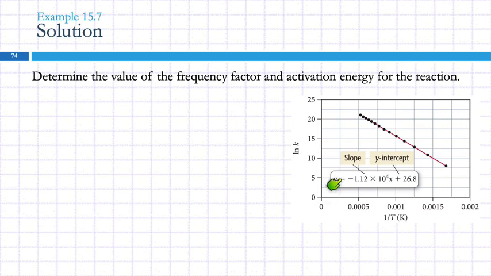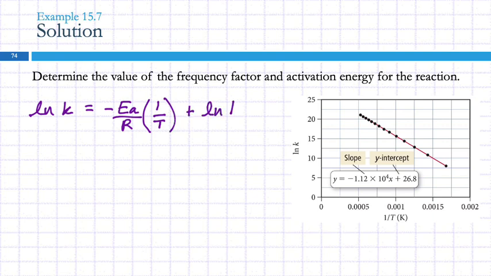So here we have the equation for the line, and that corresponds to the linear form of the Arrhenius equation. Nice if I use the same colors, but I'll probably mix them up.